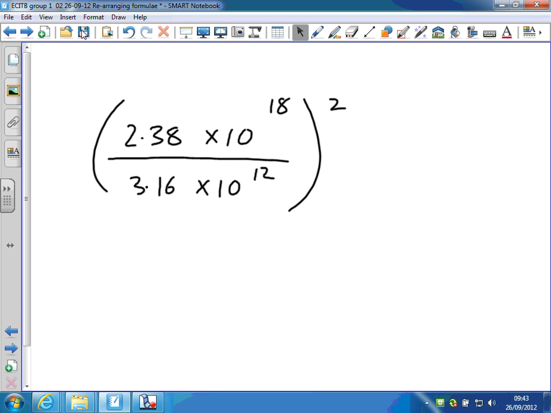To do that in one hit on the calculator, use the fraction button, if you've got one, and use the squared button to come up with that in one hit.